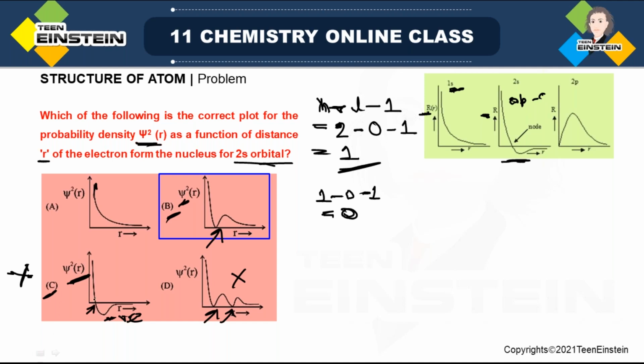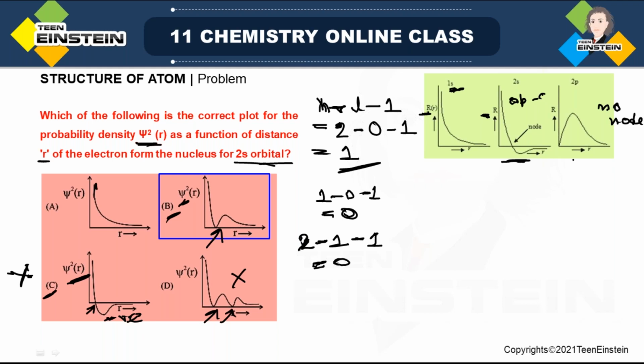But for option C, this picture you can find similarity, but this is not the correct option, obviously, in case of this question. And for 2p, this n minus L minus 1 is actually 2 minus 1 minus 1, because for p orbital the azimuthal quantum number is 1. Again you are getting 0. That means no node will be there. No node. So see, you are getting no node.